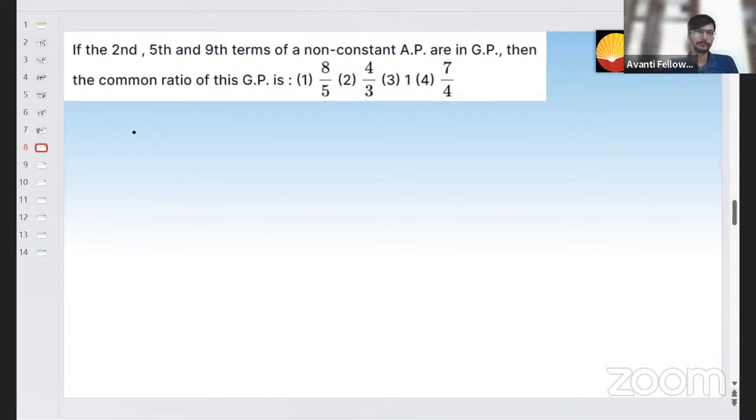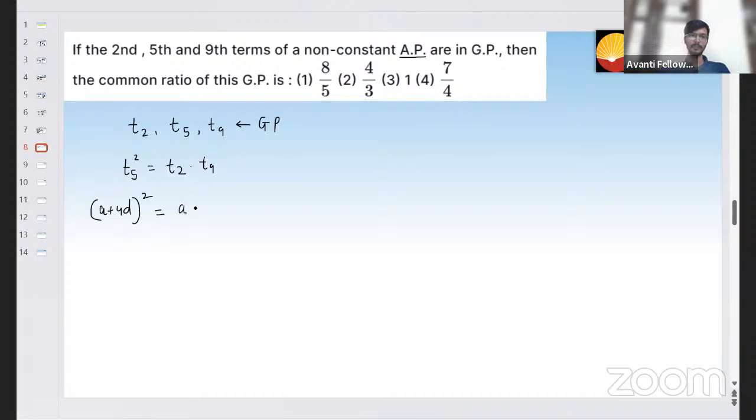The second term, that is T2, T5, and T9 of an AP, are in GP. So that means T5 square will be equal to T2 into T9. What is T5? It is (A plus 4D) square. This is an AP.